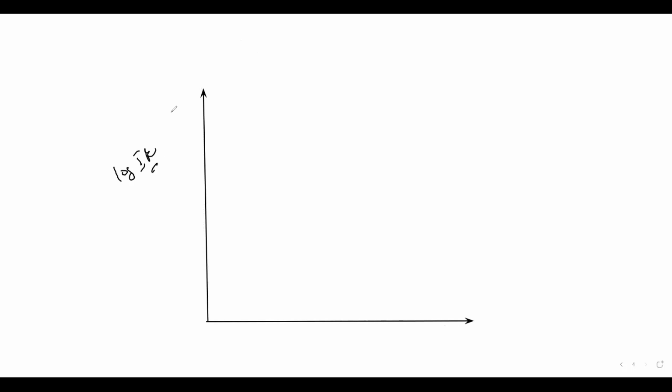Because logarithm reduces the value. These are big values, but when you take a log it reduces them, so you can plot them on the same scale. And on the x-axis we have the number of electrons removed.